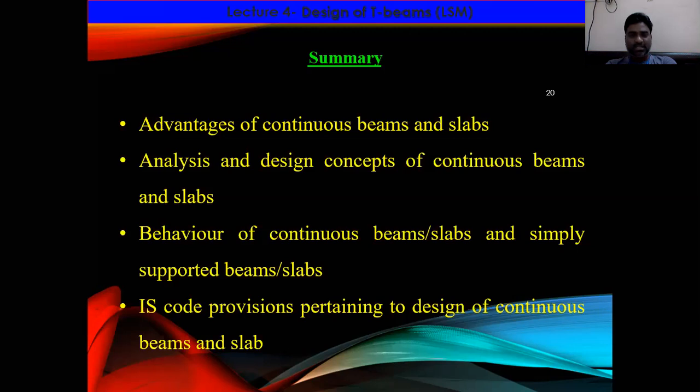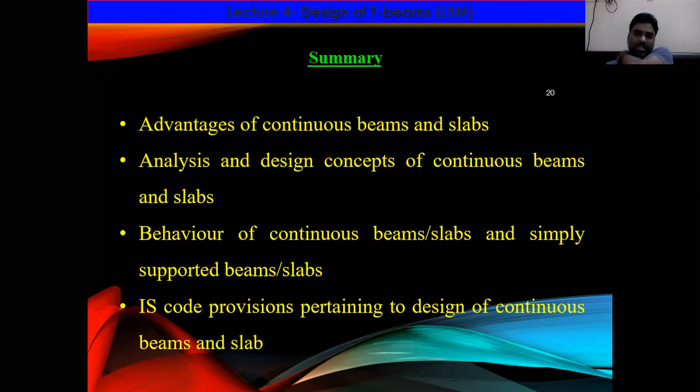All these things were discussed, and how the continuous beams and slabs behave, right? And at the end, we discussed the codal provisions for determining the design maximum shear forces and bending moments from IS 456 2000. And also, we discussed the limitations of the method, right?